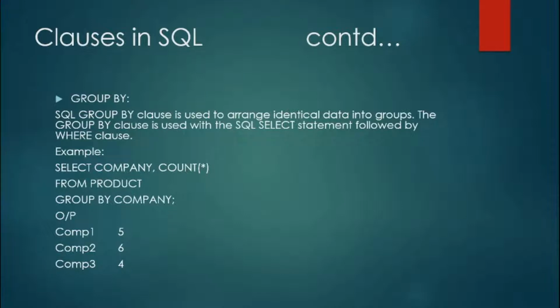While using group by, a very important thing to notice is that the columns you provide after the select statement, that is the company and the count of star, must be handled properly: if you provide any other column that you have not mentioned after the select statement, the group by will not work. In the output, company 1 has a total of 5 records, company 2 has 6 records, and company 3 has 4 records.